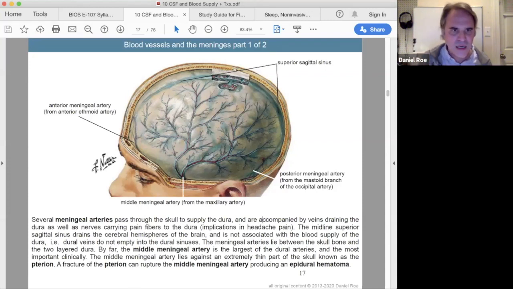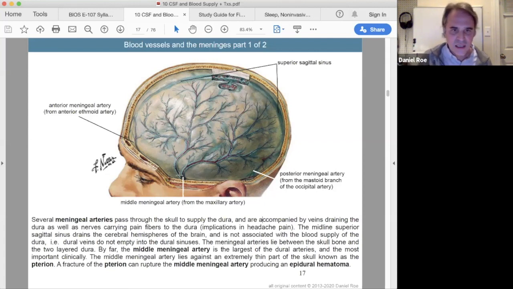You couldn't just pull them up. We have this tiny bit of the dura mater fed by the anterior meningeal artery, this tiny bit fed by the posterior meningeal artery, and then this great big area, the bulk of the dura mater, is fed by the so-called middle meningeal artery and all of its many unnamed branches. And so it's the most important clinically by far.